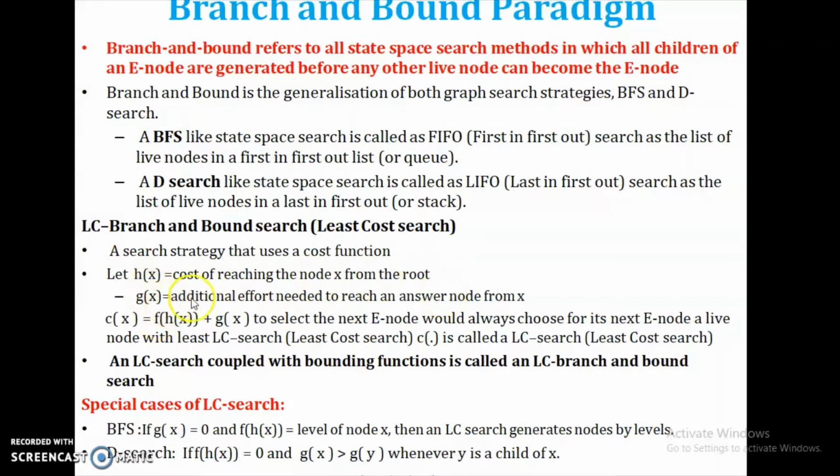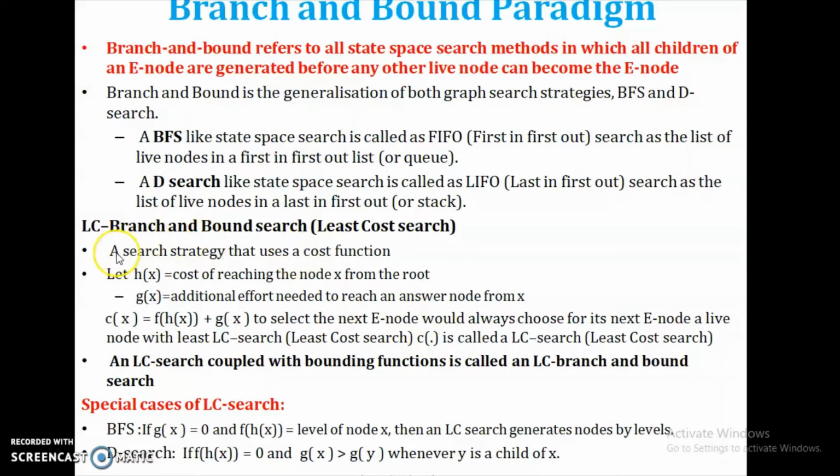And g of x is the additional effort needed to reach the answer node from x. So g of x is the additional effort required, and h of x is the cost to reach the particular node. When you sum these costs, that will give you the final cost of reaching that node. That is known as the cost function, which is used in some of these strategies.